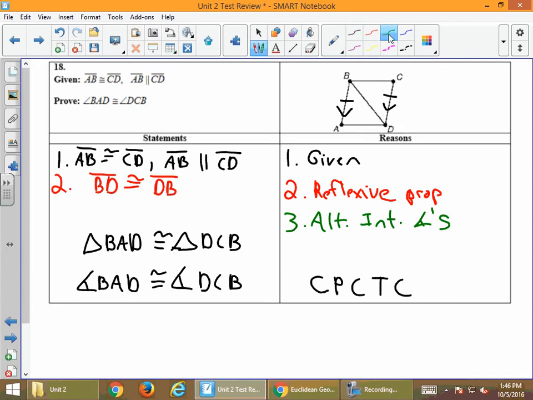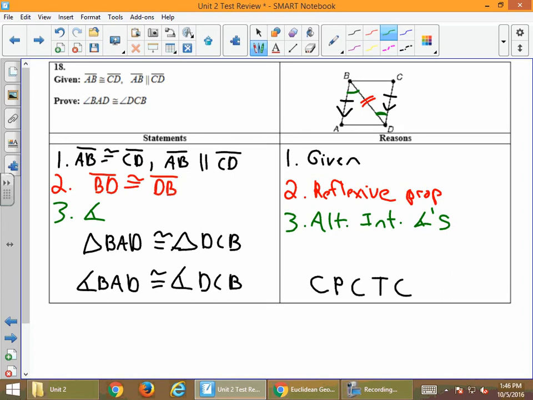Now, I didn't mark my reflexive side. Now, alternate interior angles. Where are those angles? Remember, they sit on the parallel lines and the transversal. There's only one transversal here, and that's BD. So it's got to sit on this line and this line, touching that transversal. So the only spot it can be is right here. ABD is very good.